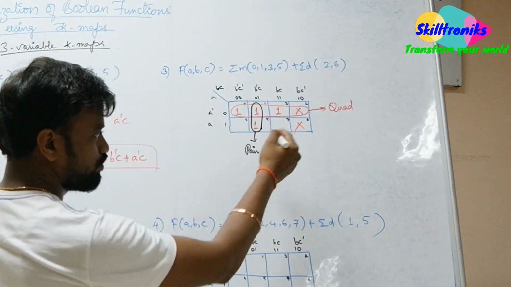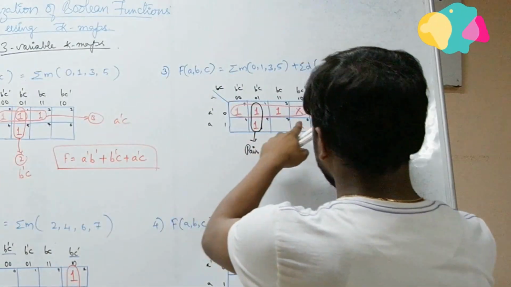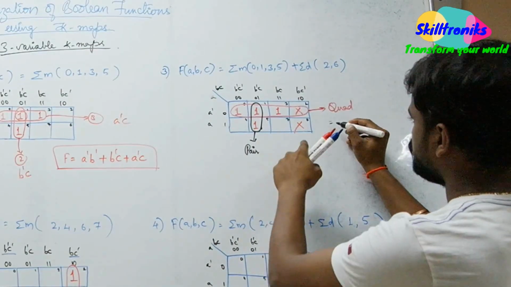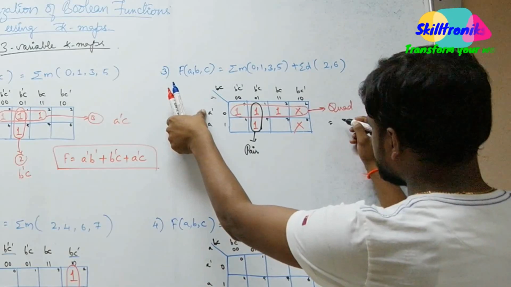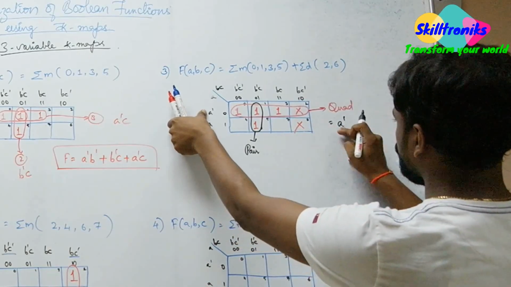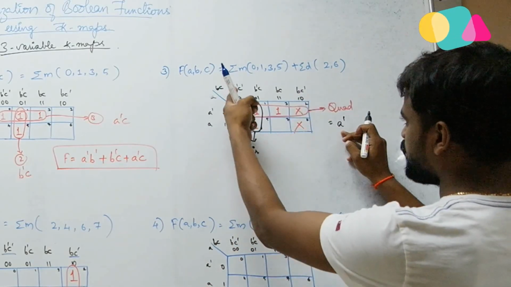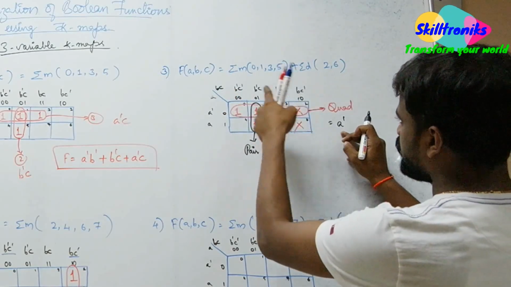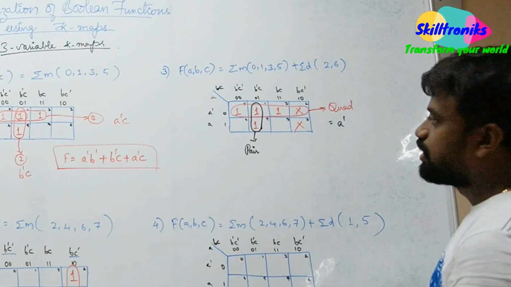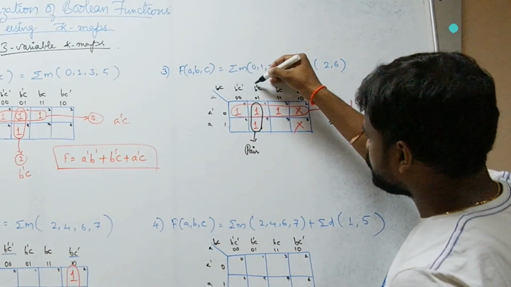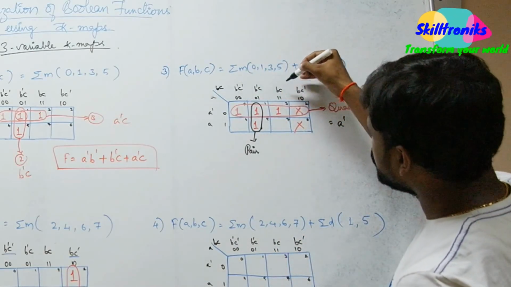So let us write the resultant of these groups. Quad means for all the 4 minterms, the common variable is a dash, so this qualifies, and at the top, for all the 4 minterms, both b and c variables keep on changing. Here you are having b dash, here you are having b dash, but here this is b, this is b.